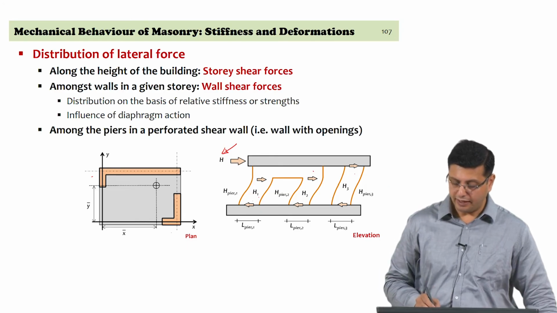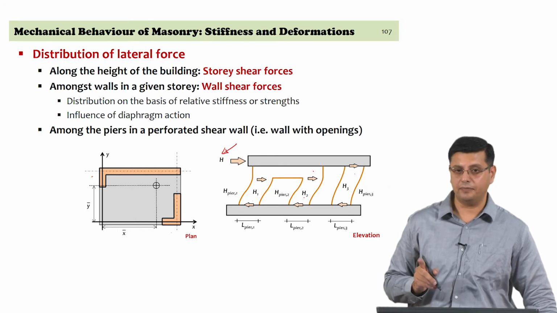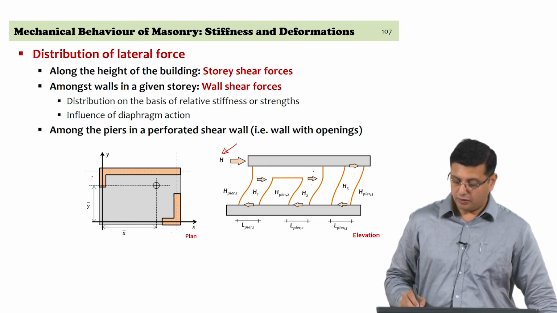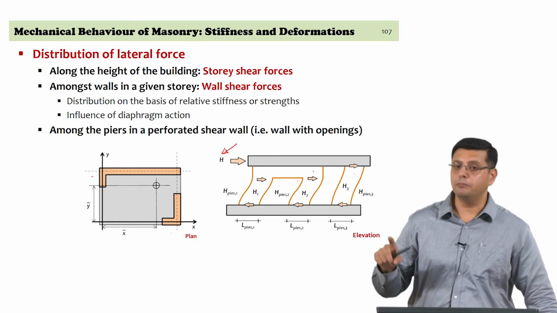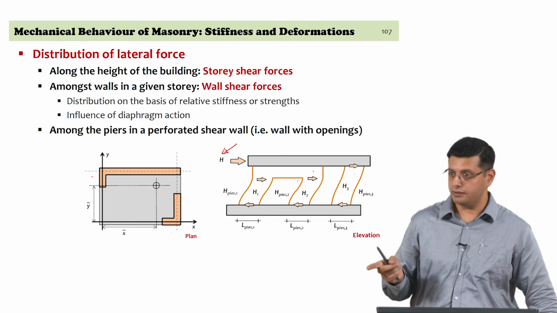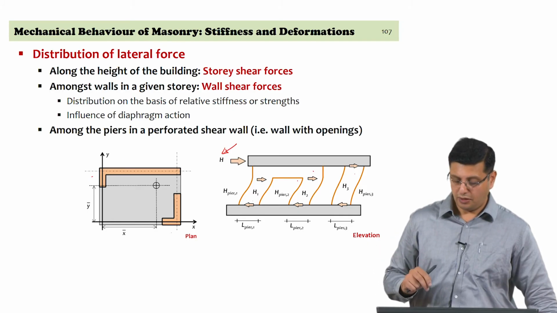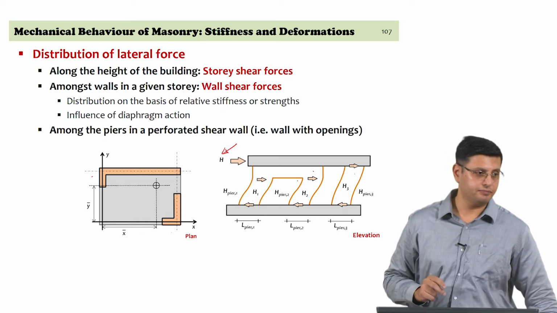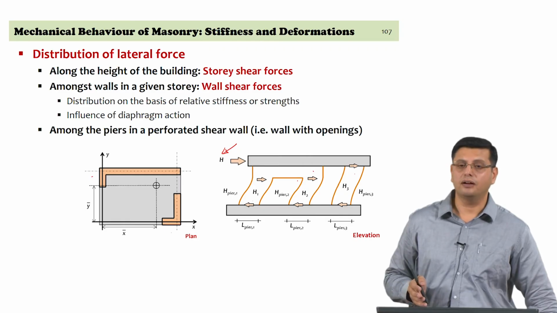The resisting elements are the piers, and here we are talking of a perforated wall. Now, it is going to be affected by the size of the openings, and also by the coupling element between these piers. And when I talk of a coupling element, what am I referring to?